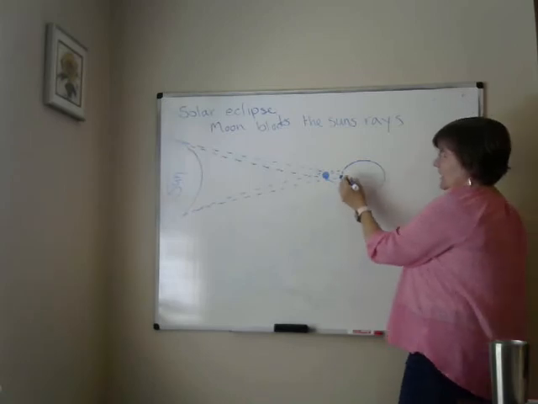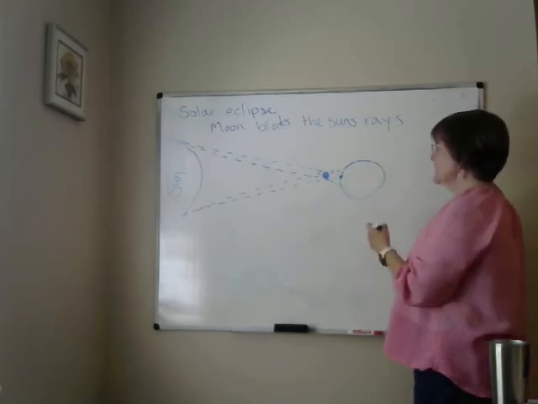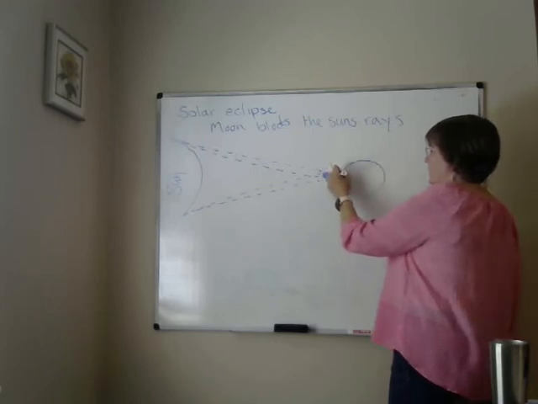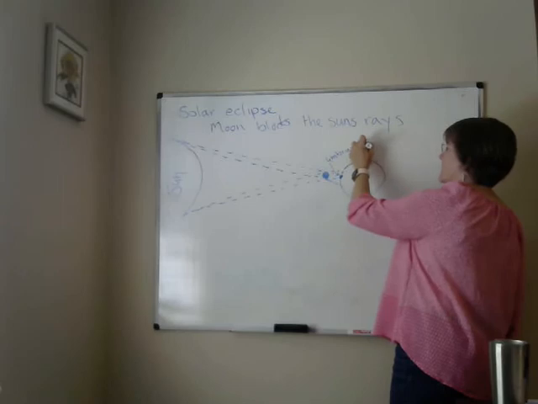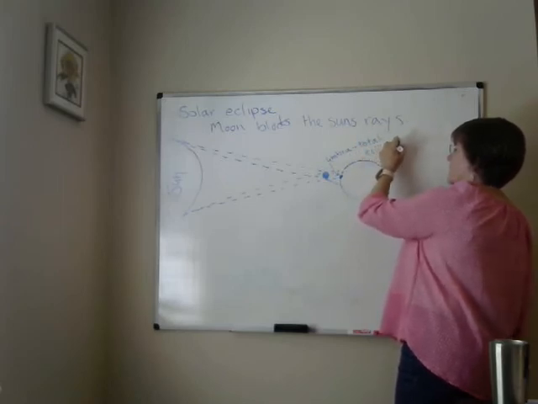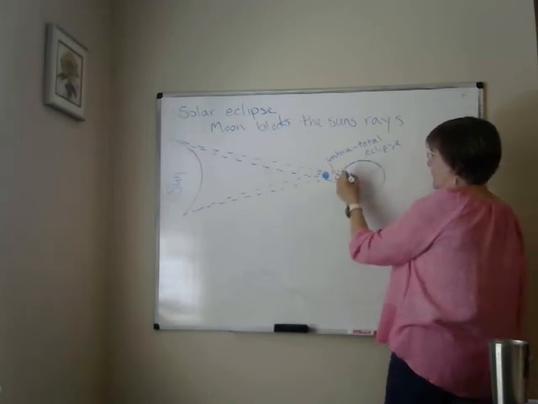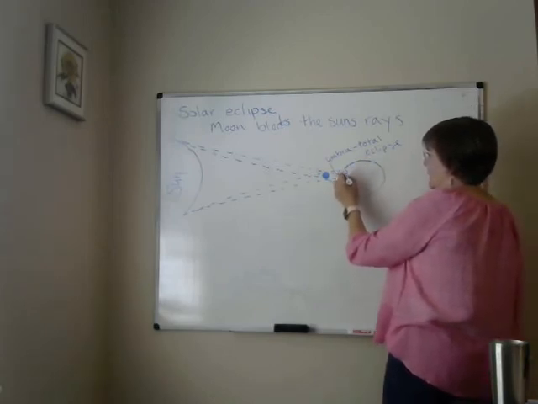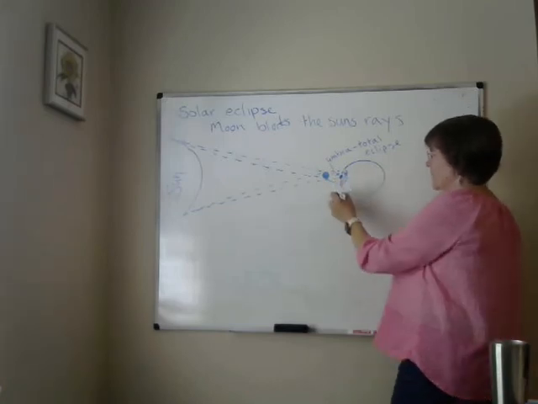These people right here are not going to see the sun at all. But these people that are in, that's the umbra. That's a total eclipse. However, if you're in the penumbra, which is going to kind of look like a fuzzy area around that, you're going to see a partial eclipse.